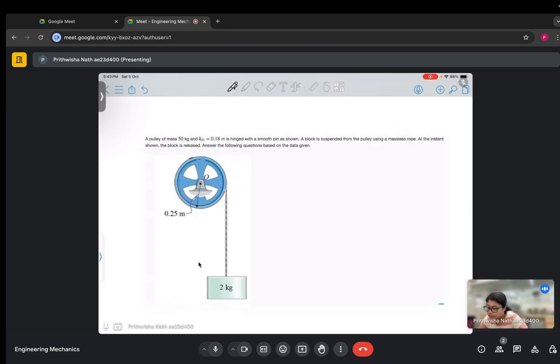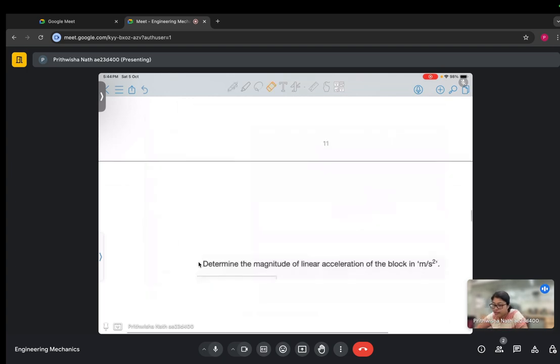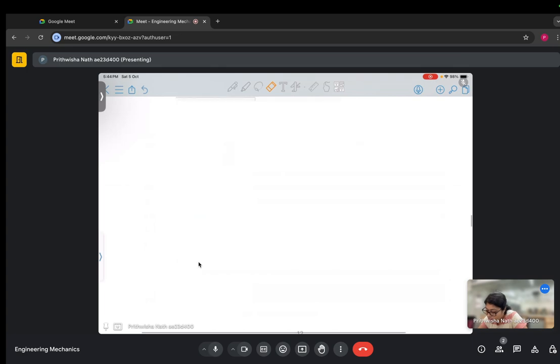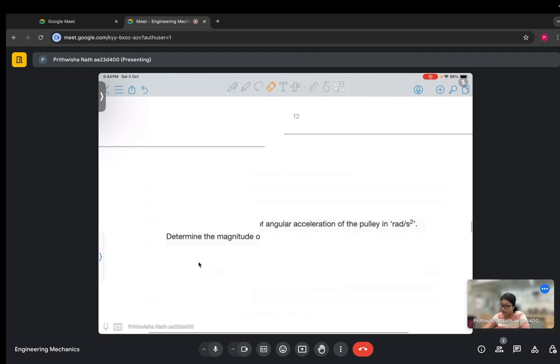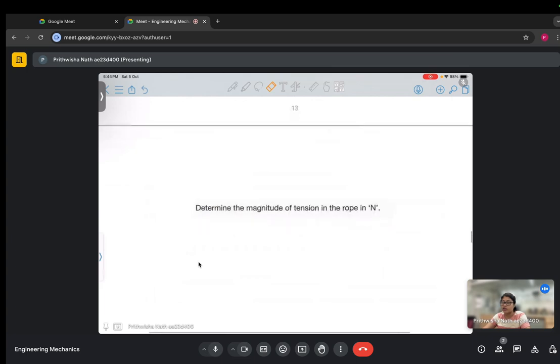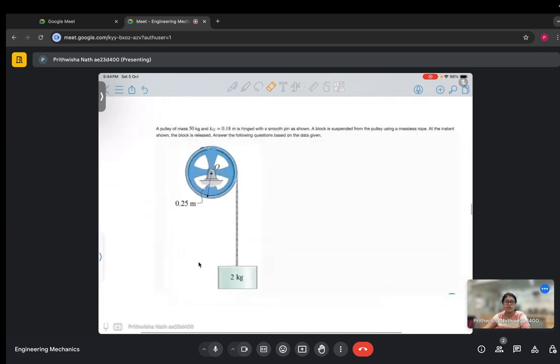So this is a pulley which is hinged with a pin, and we can see that the radius of the pulley is 0.25 and mass of this block is 2 kg. It is mentioned in the figure. So what we need to find out: determine the magnitude of linear acceleration of the block in meter per second square, the magnitude of angular acceleration of the pulley in radian per second square, and the magnitude of tension in the rope. So these things we need to find out.